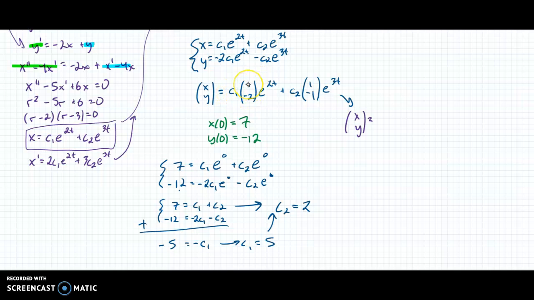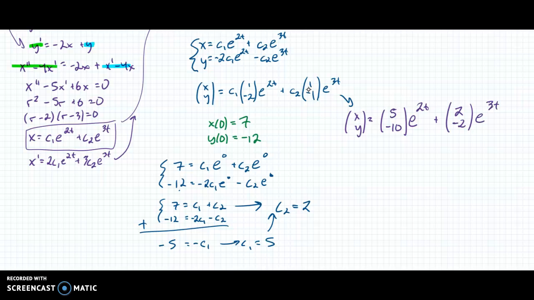So that gives me a 5 in the top and a negative 10 in the bottom times e to the 2t. And then plus the C2 is 2. Open parenthesis. If I put a 2 here, it's going to multiply and give me a positive 2 and a negative 2. So 2, negative 2, e to the 3t.